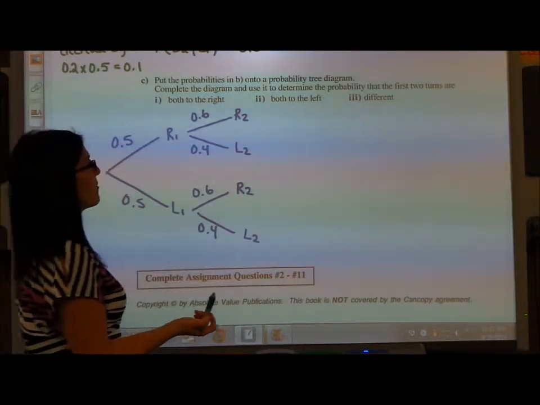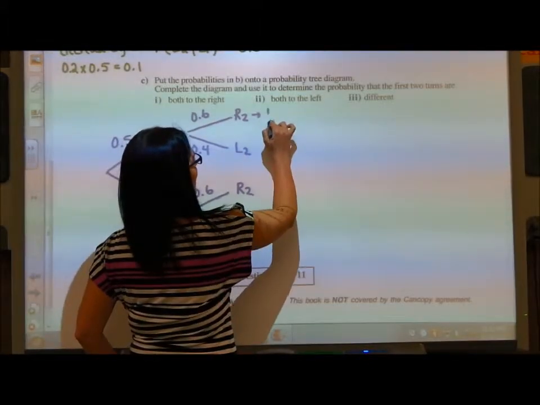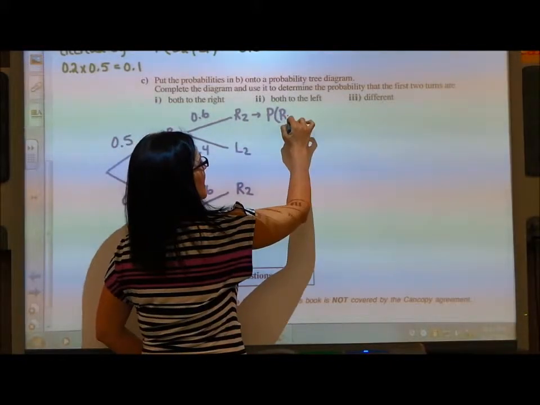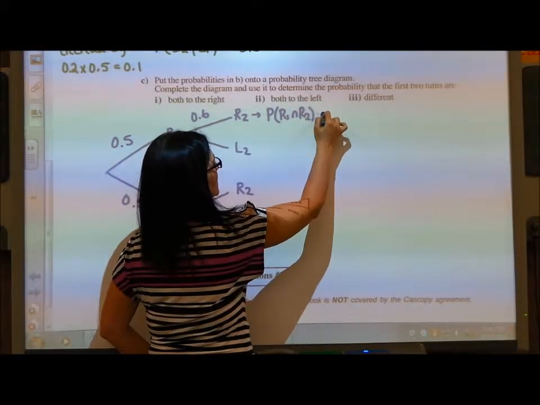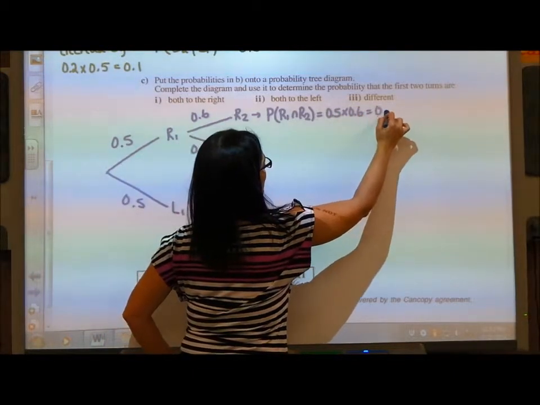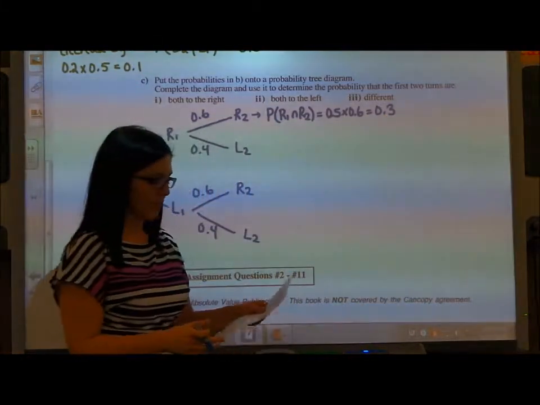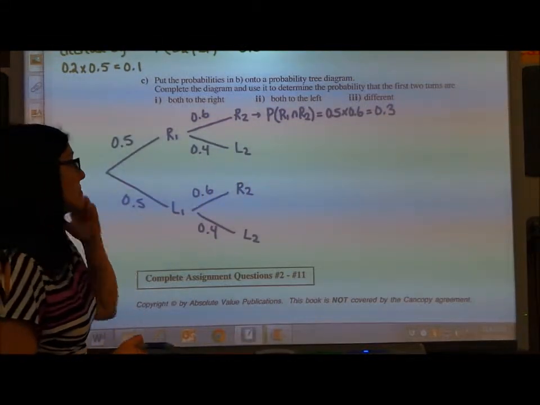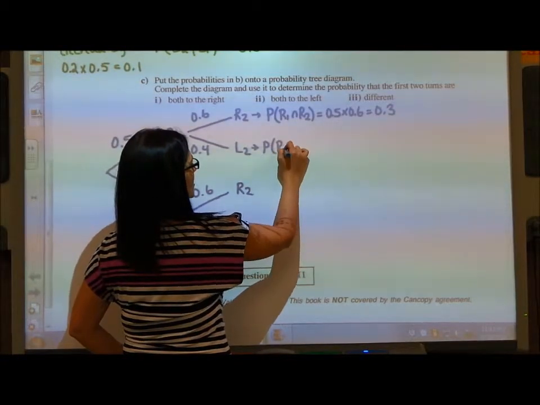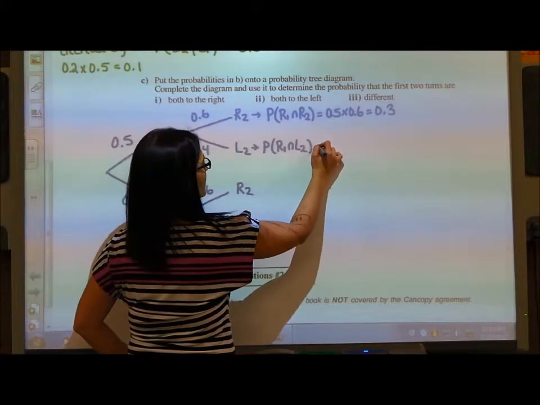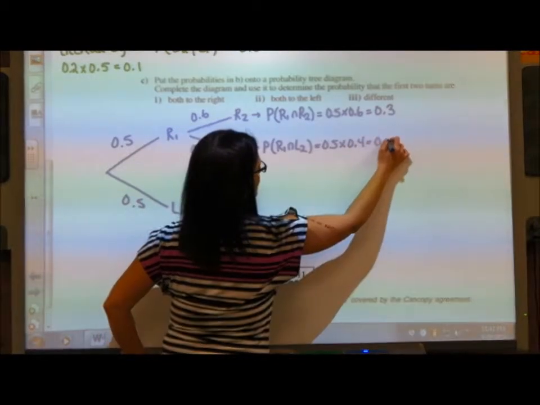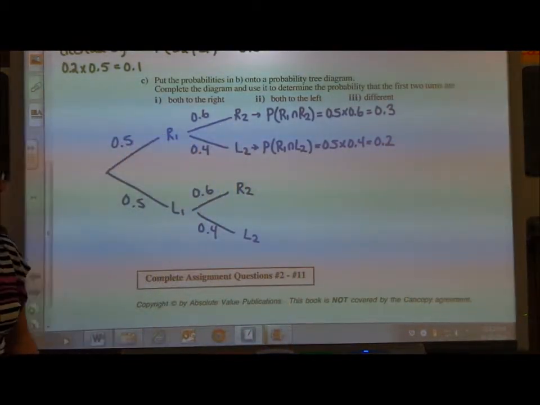So now I can put my final outcomes. The probability that the mouse will go to the right and to the right becomes 0.5 times 0.6, which becomes 0.3. So 30% chance. The probability that the mouse turns to the right and then to the left becomes 0.5 times 0.4, which equals 0.2.